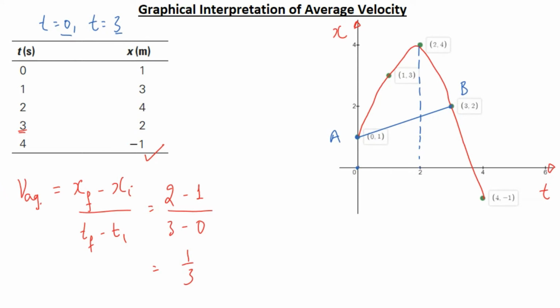Now this would be delta t and this would be delta x here. Let me write it here. This is delta x and this is delta t.